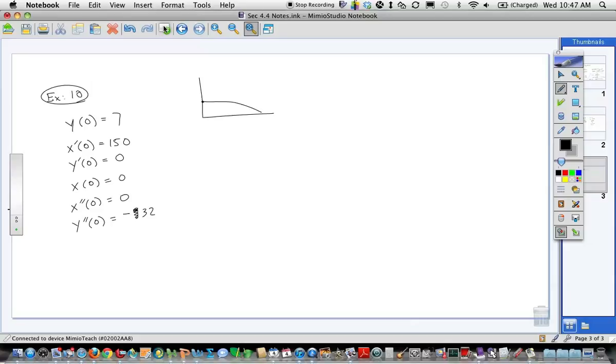Now, if you turn over the page, they give you the equation for x of t and y of t. One of your homework questions is going to ask you to show where those came from.